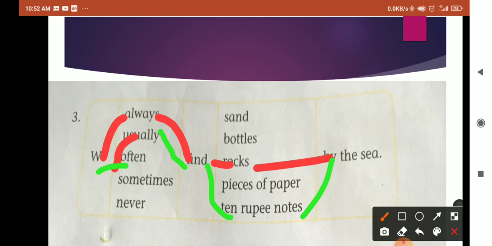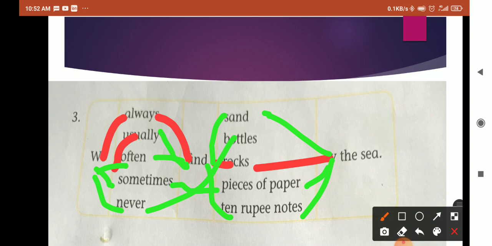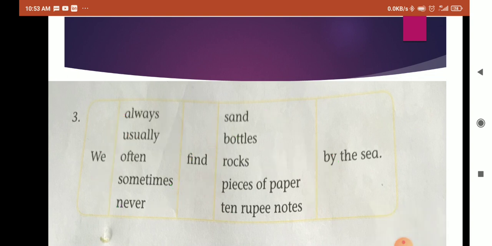Next is, we often find sand by the sea. We sometimes find paper pieces by the sea. We never find bottles by the sea. Okay, so we can make the sentences by matching this. So it would be interesting for you. You can make and do it on your own.